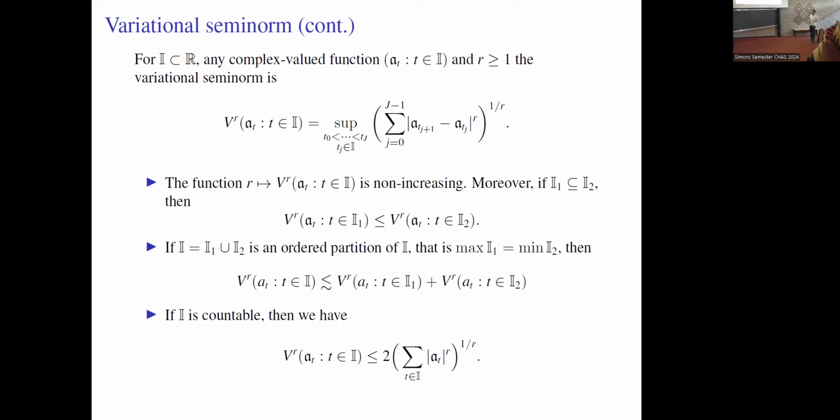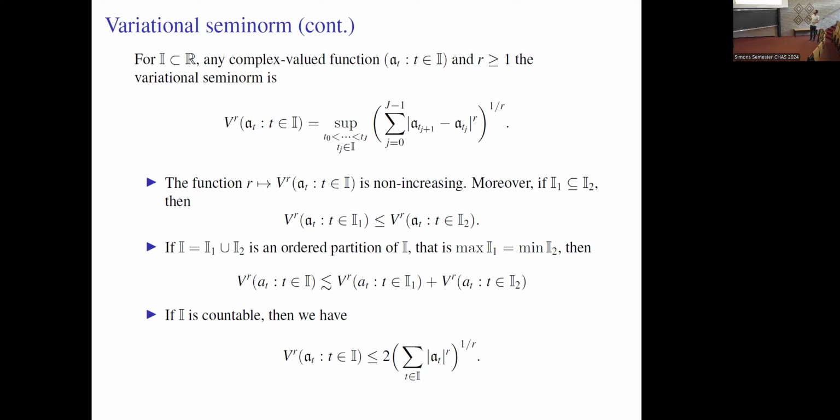And in the operators we will be discussing, so mainly averaging operators, and in particular the ergodic averaging operator, the critical point is r equal to 2. So it will turn out that we do not have a 2-variational estimate, but we will have r-variational estimates for all r greater than 2.